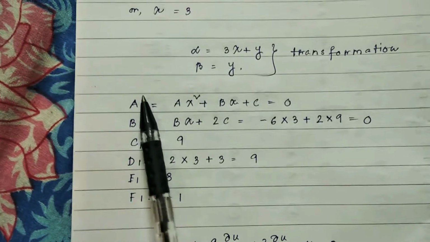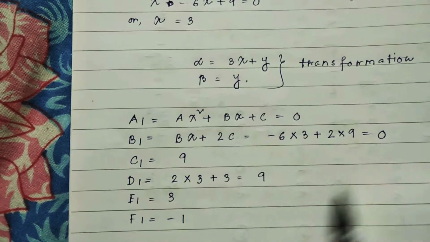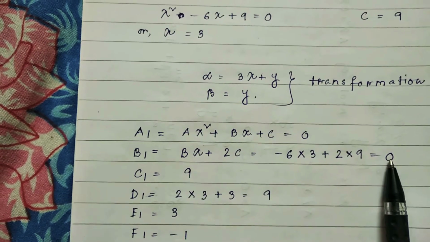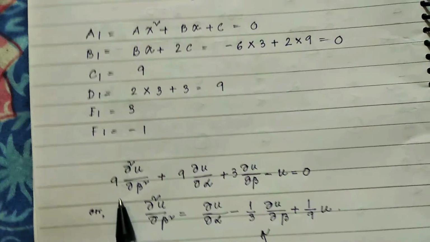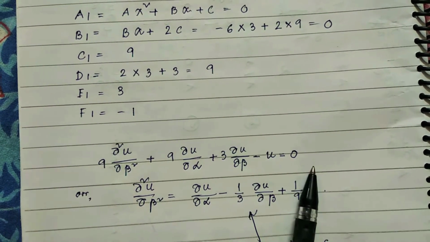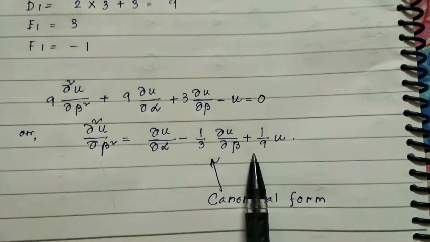We calculate a1, b1, c1, d1, e1, f1 from that formula, and we get these things. You will see that since a1 and b1, these two terms, are 0, the other terms will remain. So the reduced equation is of this form, and this can be written this way. This is the standard canonical form of any parabolic equation. This thing is basic, and the rest is the elliptic equation.